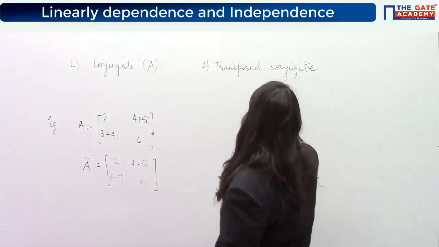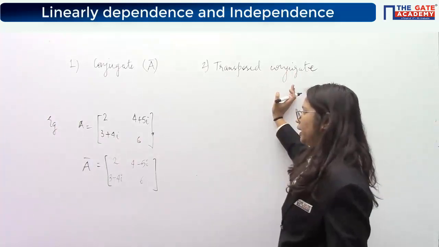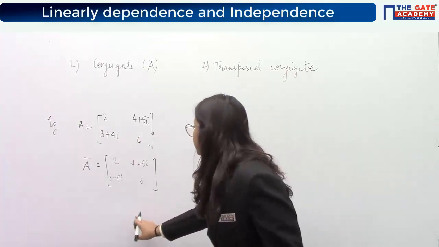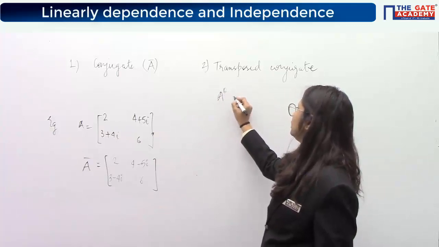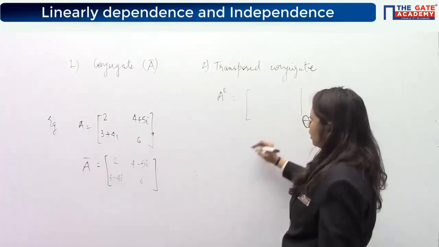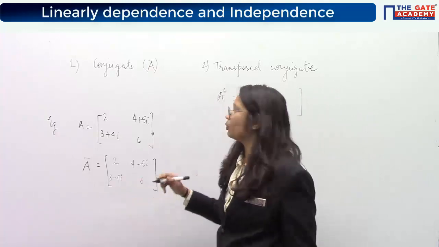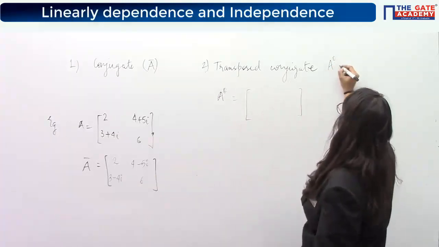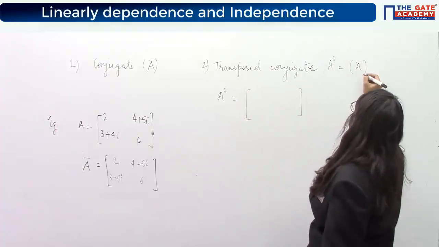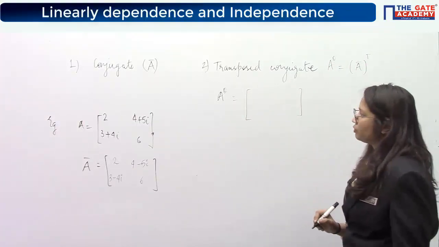What you have to do? Transposed conjugate means conjugate and then transpose. So for this matrix, if I ask you what is A theta, you have already taken the conjugate. Now take its transpose. So basically A theta can be written as the transpose of the conjugate matrix.